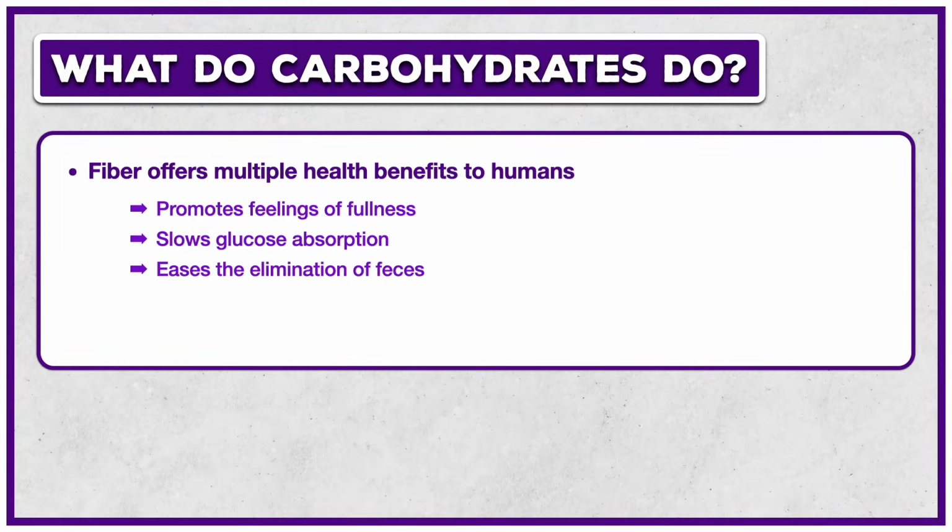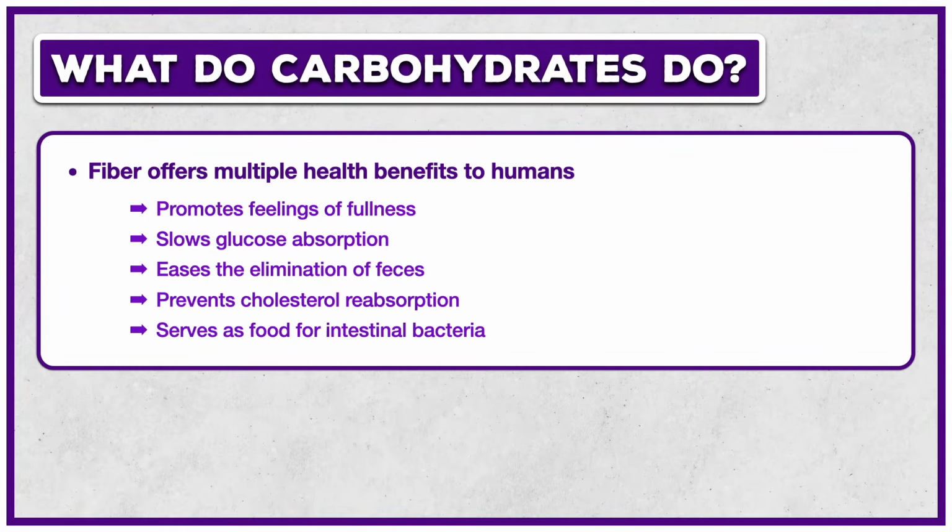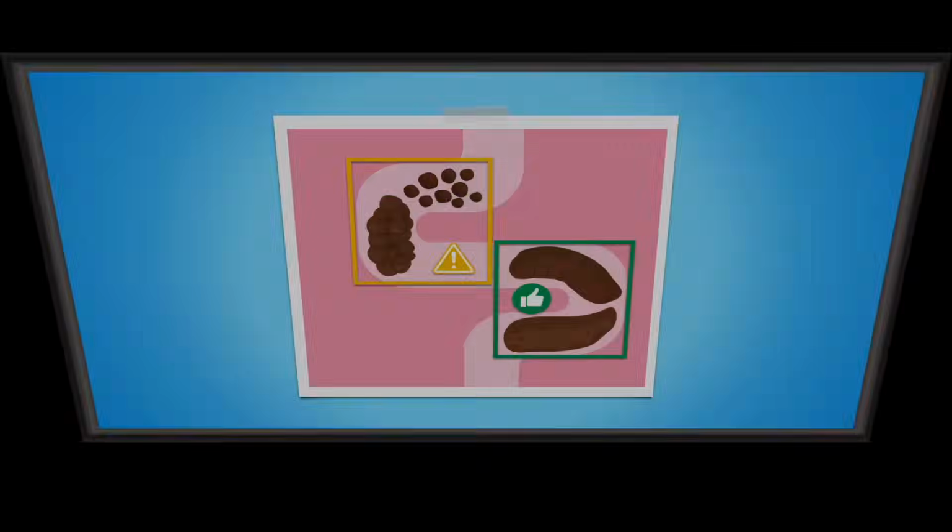Fiber eases the elimination of feces, reducing the burden and consequences of constipation. Fiber prevents cholesterol reabsorption, which can help prevent or treat high blood cholesterol and thus lower the risk of heart disease. As mentioned previously, fiber also serves as food for intestinal bacteria, and those bacteria are beneficial to human health.